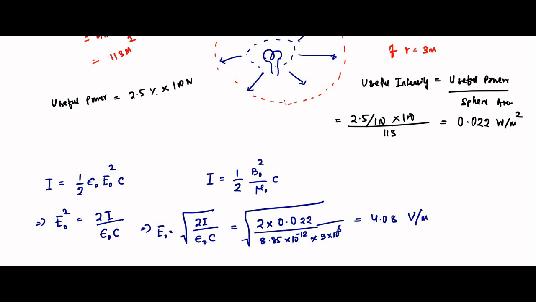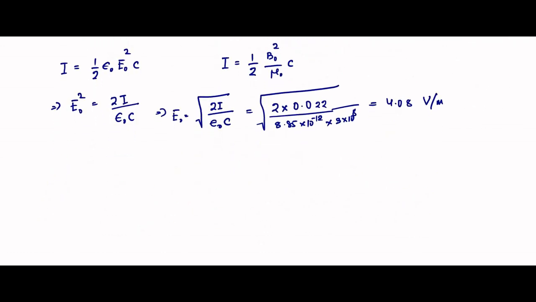Now we can determine the peak value of magnetic field using the simple relationship, which is E0 by B0, the ratio of the electric field and magnetic field, the peak values or amplitudes, that is equal to C. That implies B0 is equal to E0 by C, equal to 4.08 by 3 into 10 to the power 8.